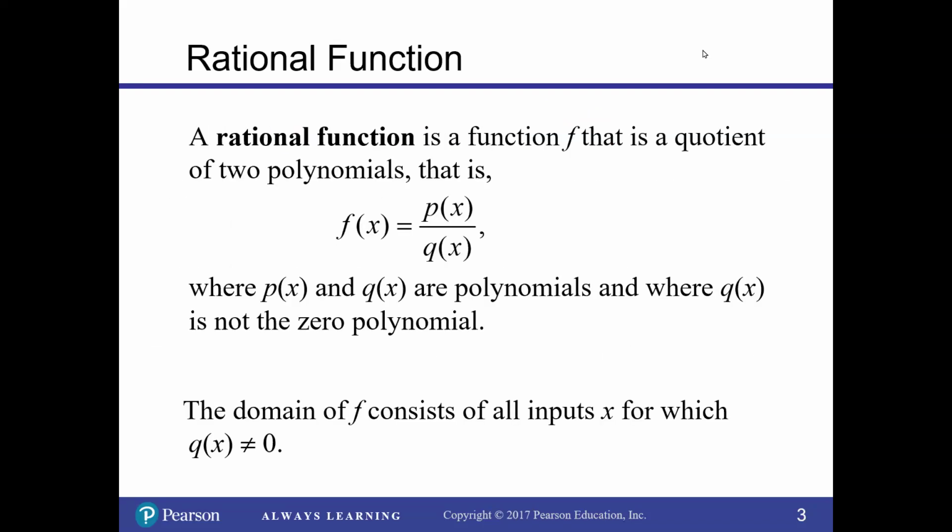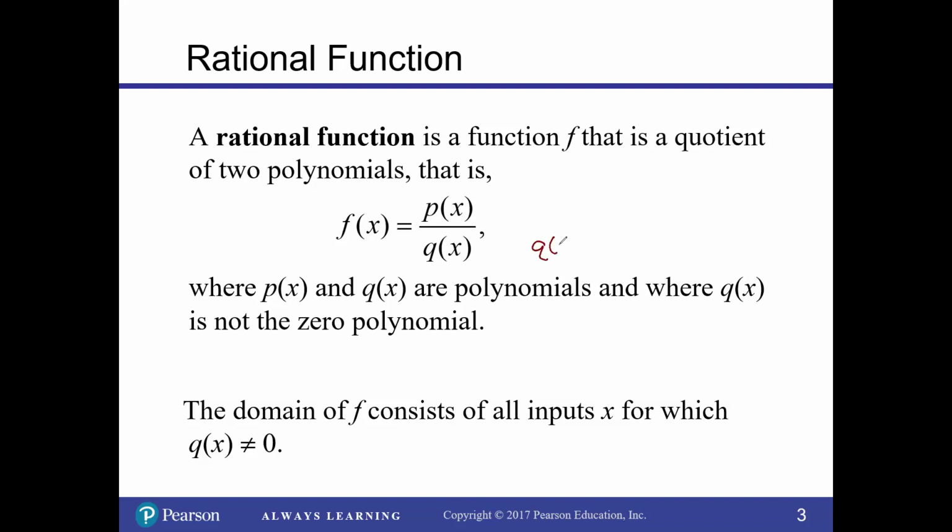So your rational functions are a quotient of two polynomials. That is, if you had f(x), which is p(x) over q(x), p and q are going to be polynomials, and q cannot be a zero polynomial.